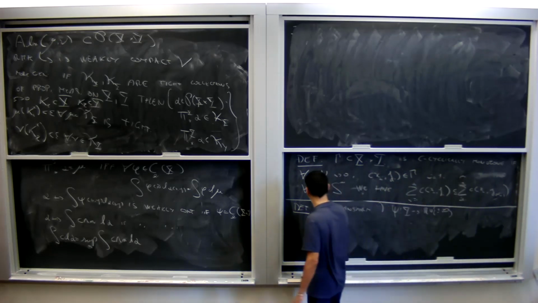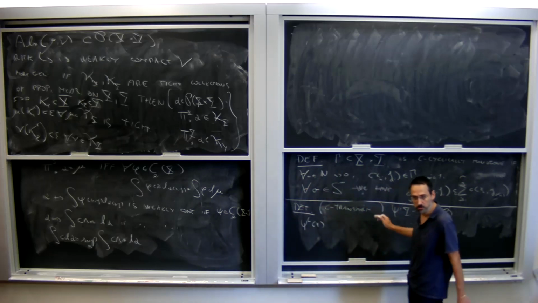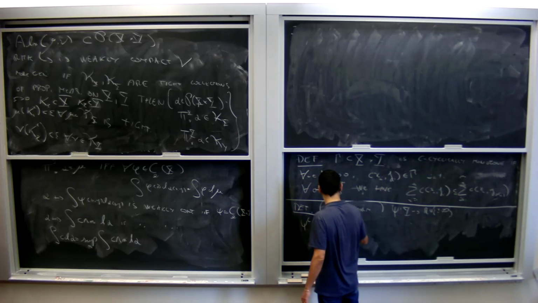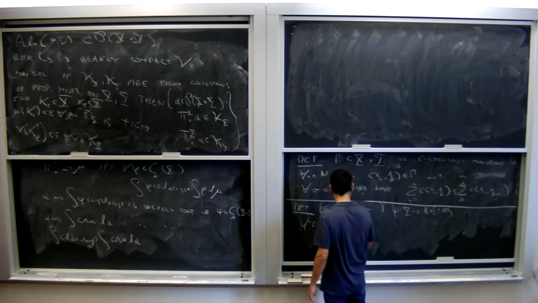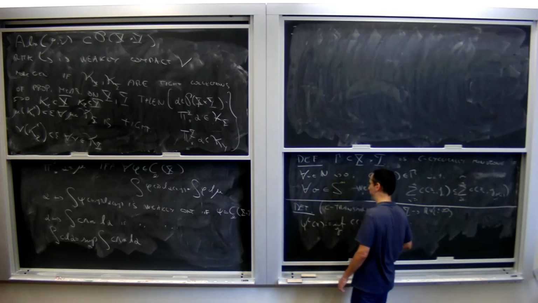Then psi^c is a function from X with values in R, possibly plus or minus infinity, and is defined as the inf over all the y's of c(x,y) minus psi(y).